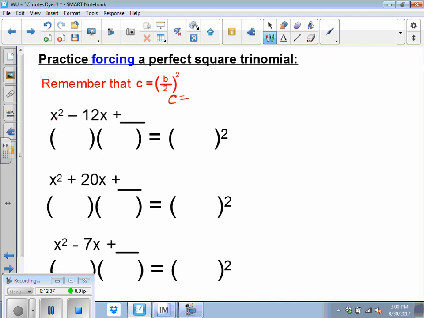We're going to square it. It doesn't matter. Once you square something, it's always positive. So don't worry about the sign of b. Just worry about the number, because the sign's irrelevant. So you say 12 divided by 2, and then we're going to square it. So 12 divided by 2 is 6, and you square it, and you get 36. So what goes right here is 36.